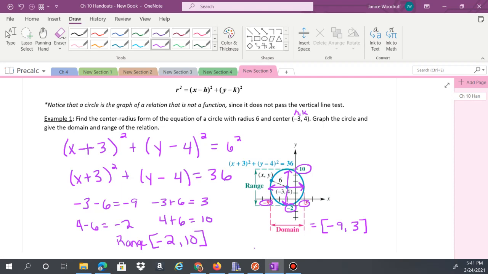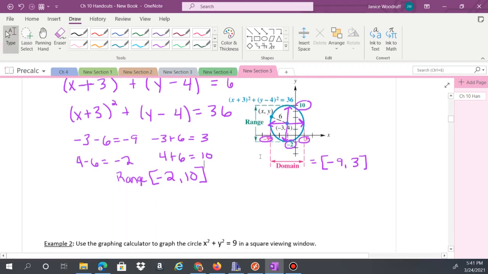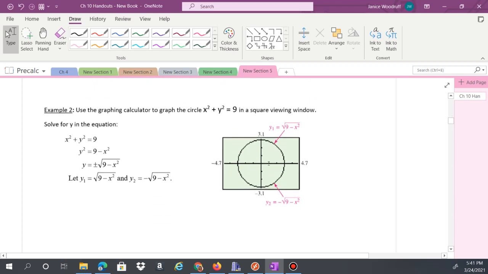Now let's see what we're looking at here. Another example. Okay, let's say you want to put this in your graphing calculator, which you're not going to have too many of. We're going to do a lot of the graphing by hand, but mostly for the parabolas and the ellipses and hyperbolas. But let's say we want to graph this, you need to set it equal to y. So I would isolate the y, so subtract the x squared, take the square root.